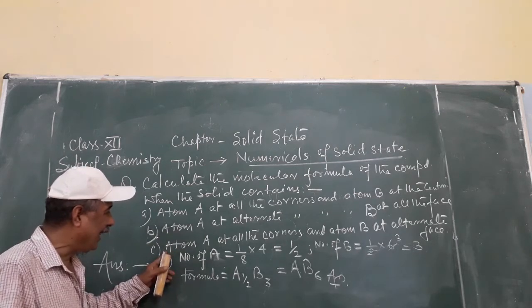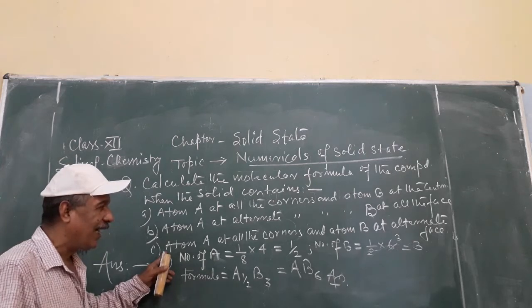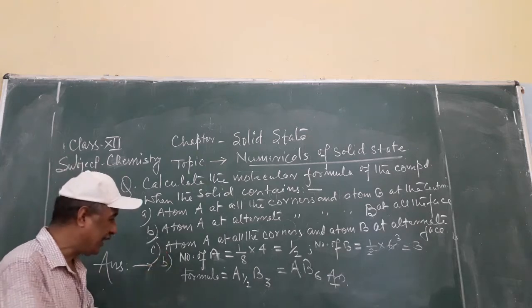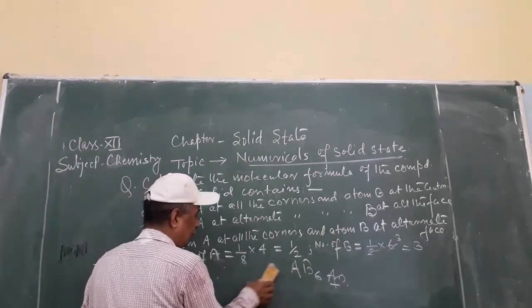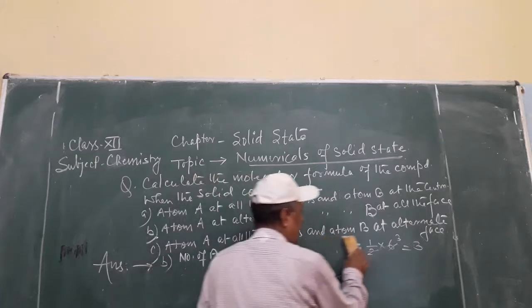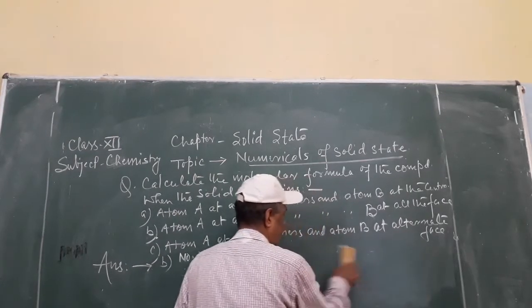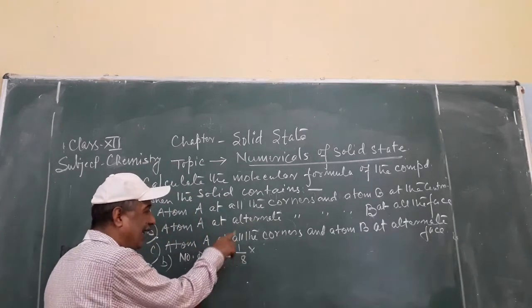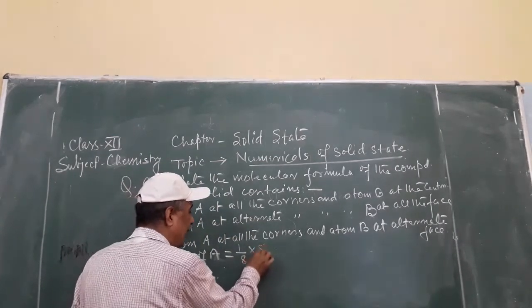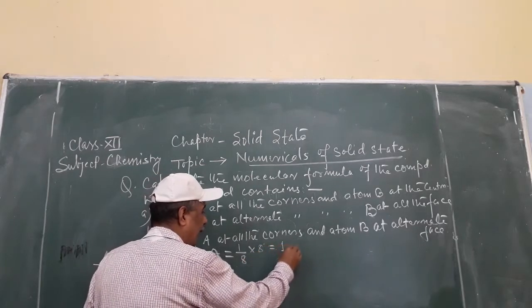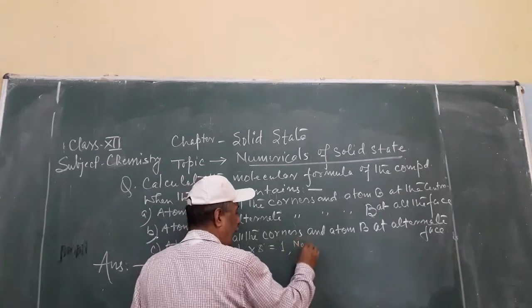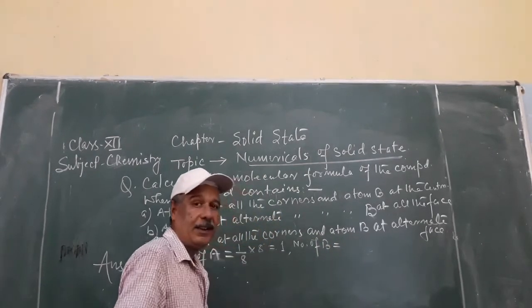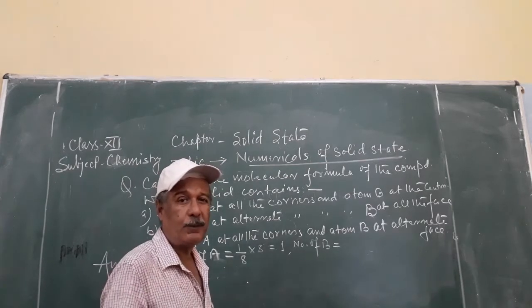Atom A at all the corners and atom B at alternate face. Correct? See. Atom A at all the corners means 1 by 8 into 8, that is 1. Then the number of B will be very important for you.